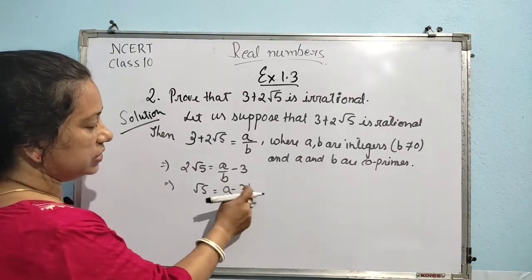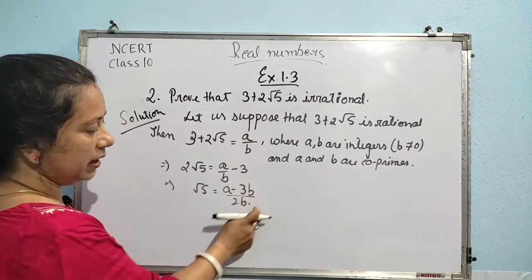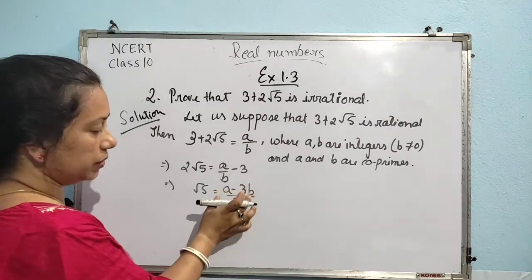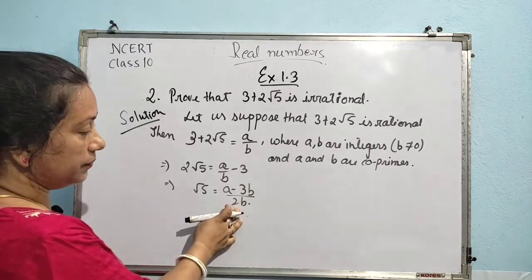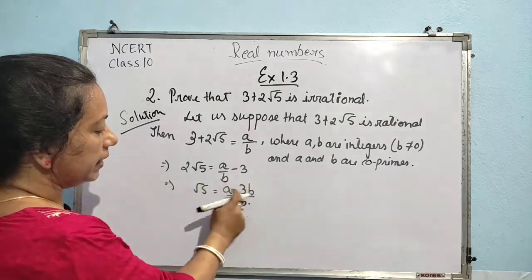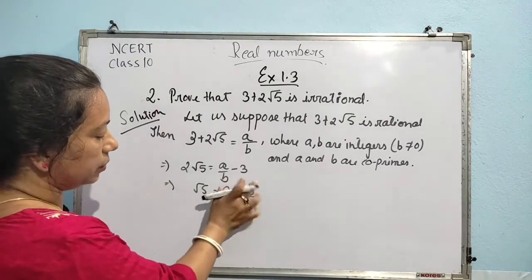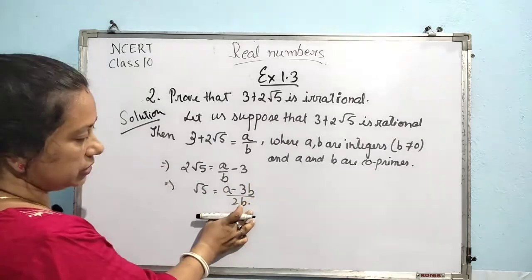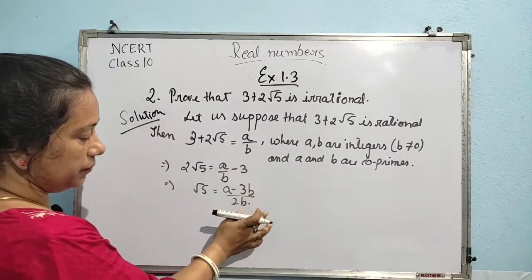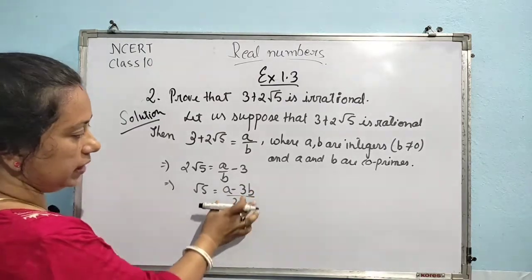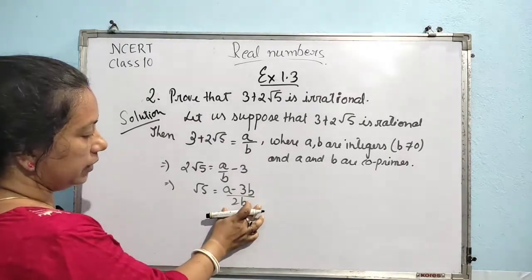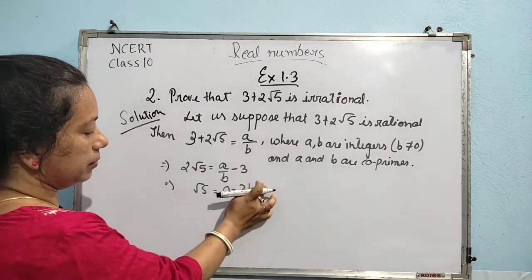So here integers are being subtracted and then divided. Definitely this A minus 3B will also be an integer, 2B is also an integer, and since B is not equal to 0, 2B is not equal to 0. So ultimately can we say that the number on the right hand side is also a rational number, because A minus 3B and 2B are integers and 2B is not equal to 0. It satisfies all the conditions for being a rational number.